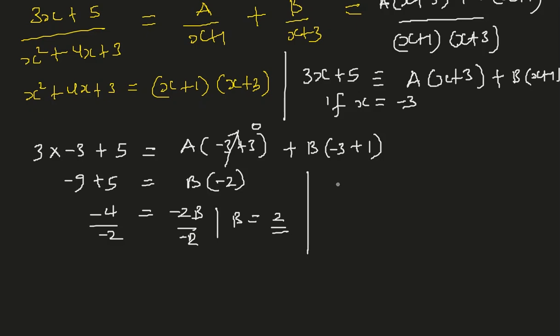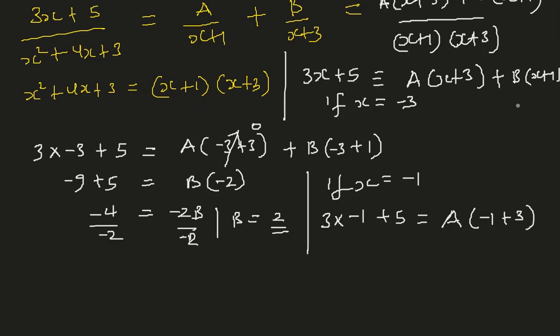I can use x as -1. Since I have a positive 1 here, if I put a -1 here, this will cancel, go to 0. So when we substitute back to this equation, we have 3 times -1 plus 5 equals 2. This one will be A into -1 plus 3.